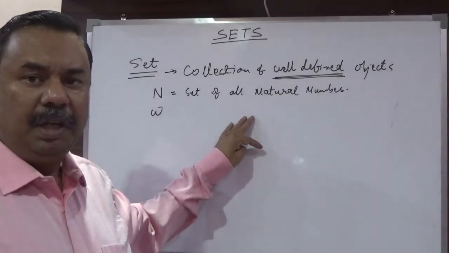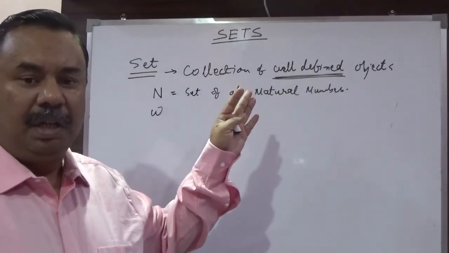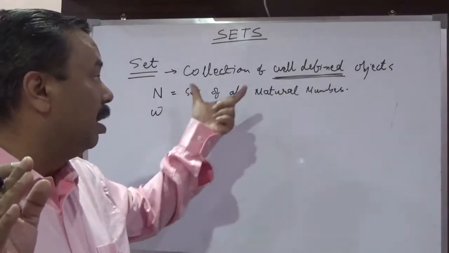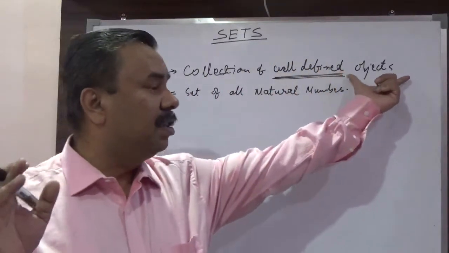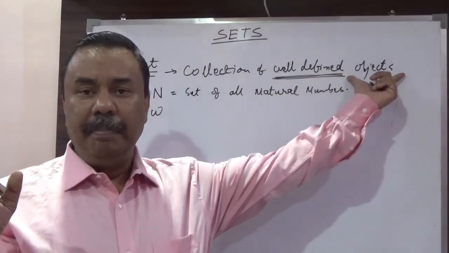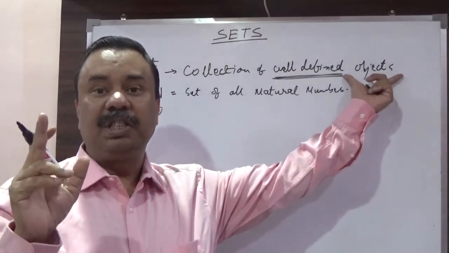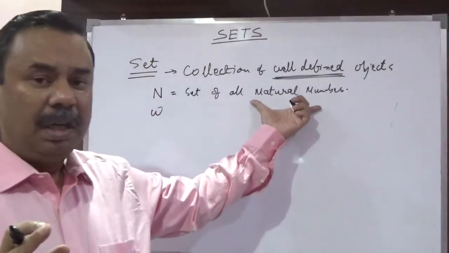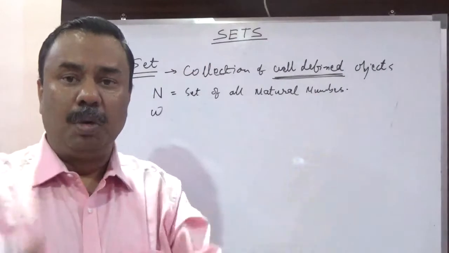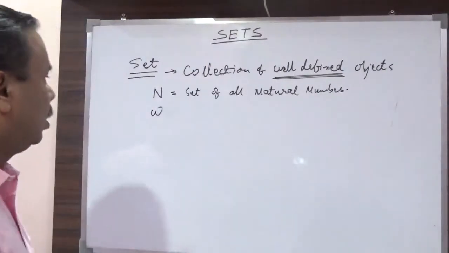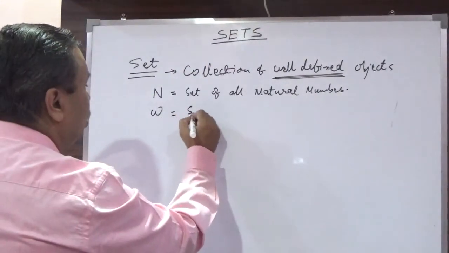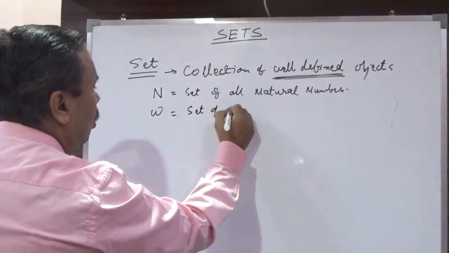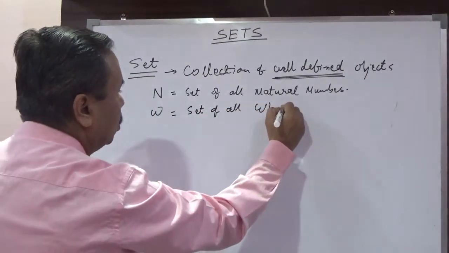The number of elements may be infinite. Each member or object of that set is called a member of the set or an element of the set. So the number of elements may be more. Similarly, W is represented as the set of all whole numbers.